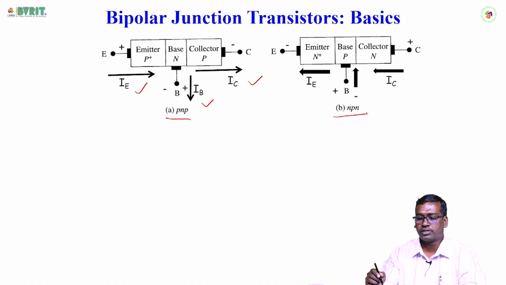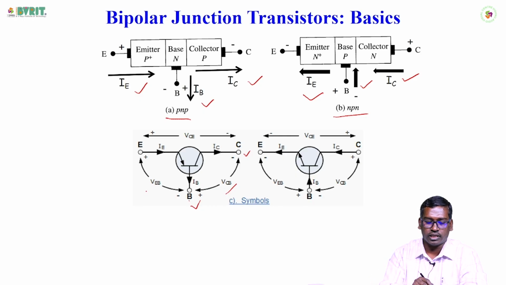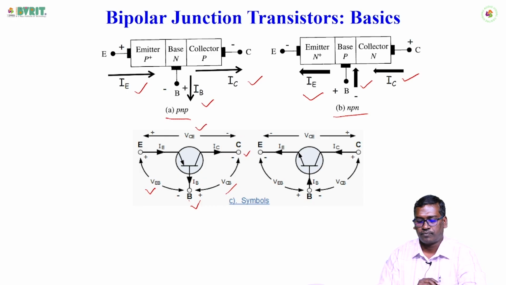Whereas in the NPN transistor, the collector current is entering, the base current is entering and the emitter current is leaving. This is another symbolic representation. For the voltage representation, the voltage between the base and the collector we represent as VCB, the voltage between the base and the emitter as VEB, and the voltage between the emitter and collector as VCE.